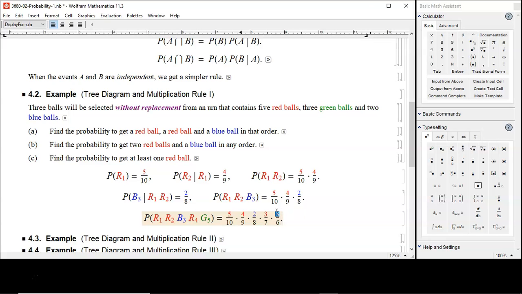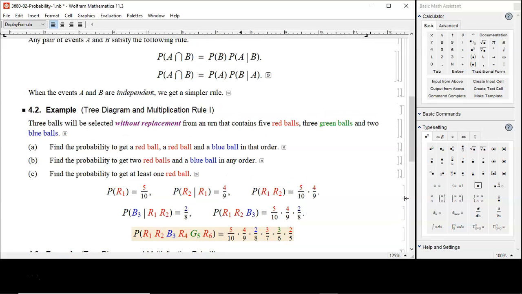Does it make sense? And then my 6th ball is red. In that case, what do I multiply? Another conditional probability. 3 red balls are out, so I only have 2 red balls to choose from. And out of total, how many to choose? Now I'm down to total 5 balls. You can use this repeatedly like this, and that's a multiplication rule.